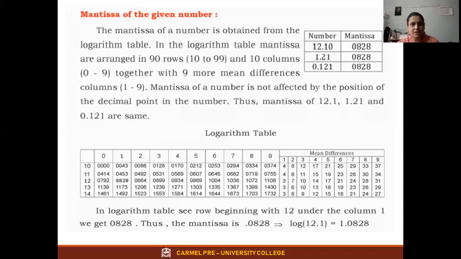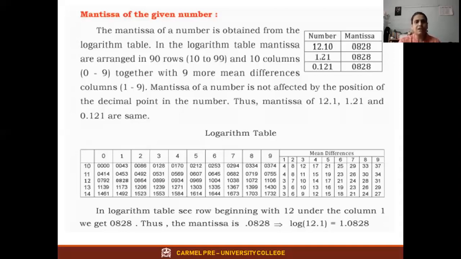So the row beginning with 12 under the column 1 gives 0828. So the Mantissa is 0.0828.